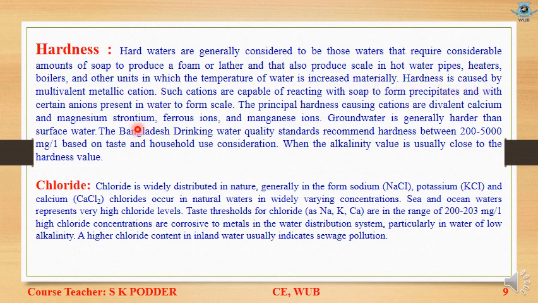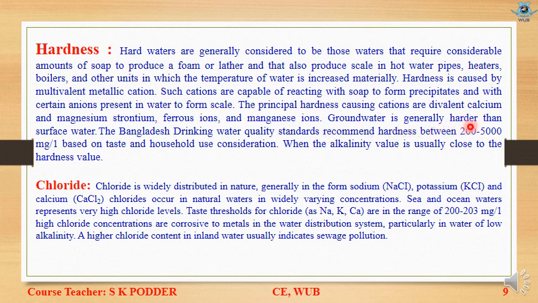Hardness is caused by multivalent metallic cations. Such cations are capable of reacting with soap to form precipitate and with certain anions present in water to form scale. The principal hardness causing cations are divalent calcium and magnesium, strontium, ferrous iron, and manganese ions.